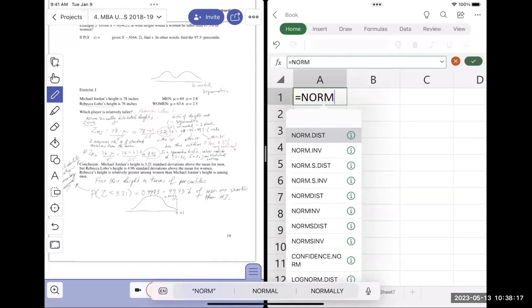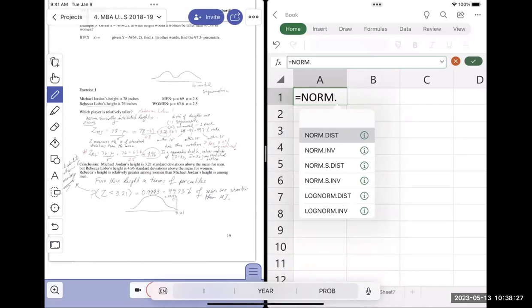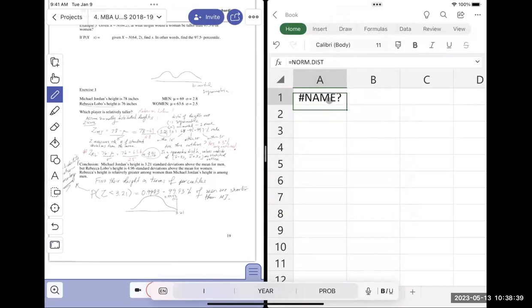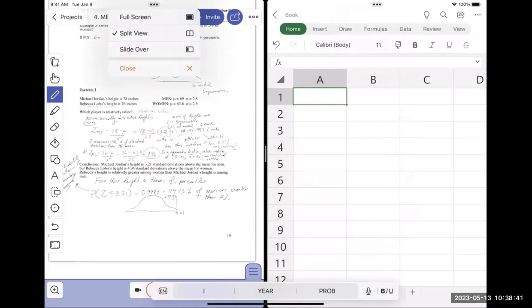So I'm going to just focus on, you're going to see there's just really 4. So there's norm.dist. And if I put an open bracket, it asks me for things. Oh, where to go? That's not good. No, I'm going to go on my computer because this is not the best way to demonstrate. Let me do it on my computer.